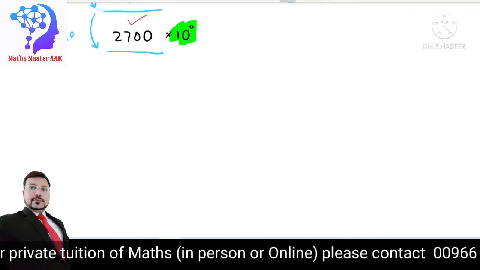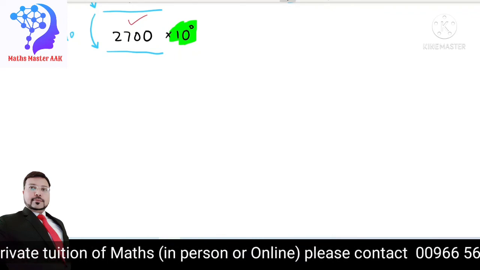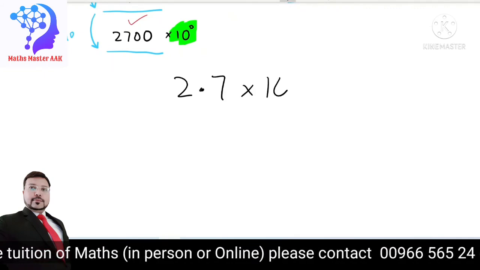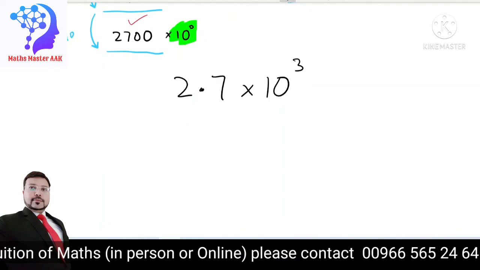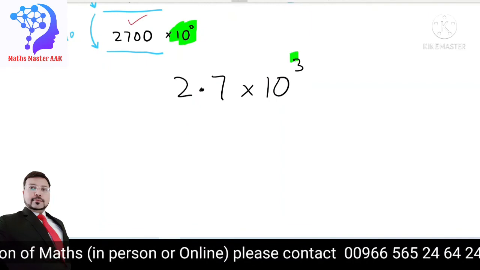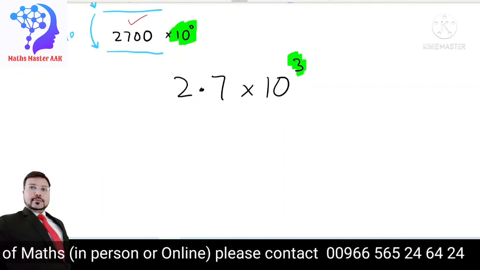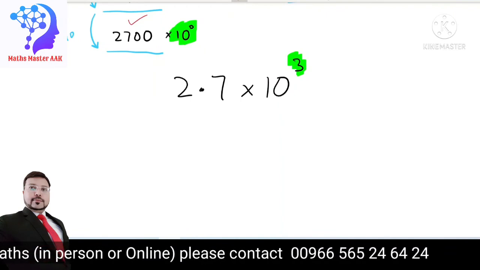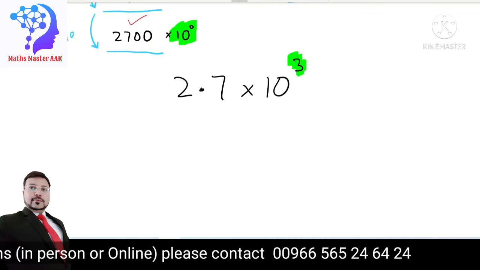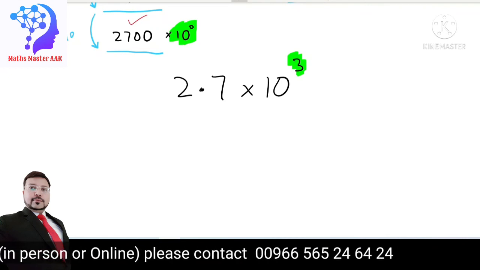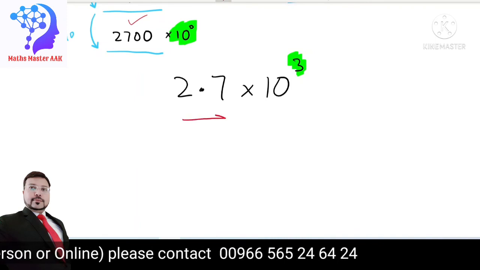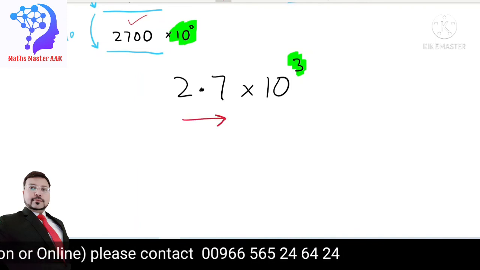Again with the same example, 2.7 into 10 raised to power 3. Remember that this positive power shows that we move the decimal point to the right. If you have 2.7 into 10 raised to power 3, it means the decimal will move towards the right side.